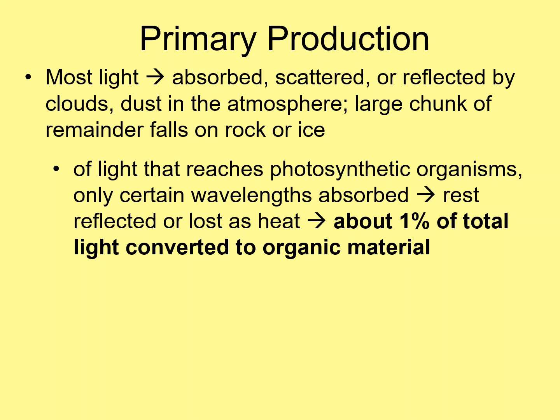Of the light that does reach those organisms, only certain wavelengths can be used. So chlorophyll A and B, for example, absorbs very high energy wavelengths in the blue range, not ultraviolet, but just below that, so high energy visible spectrum, and very low energy, in the red wavelengths, not infrared, but above that.